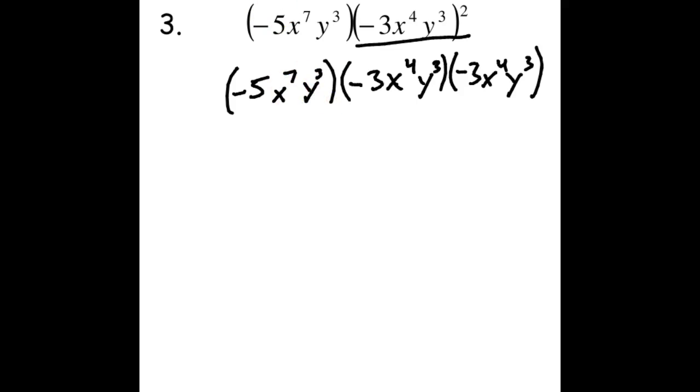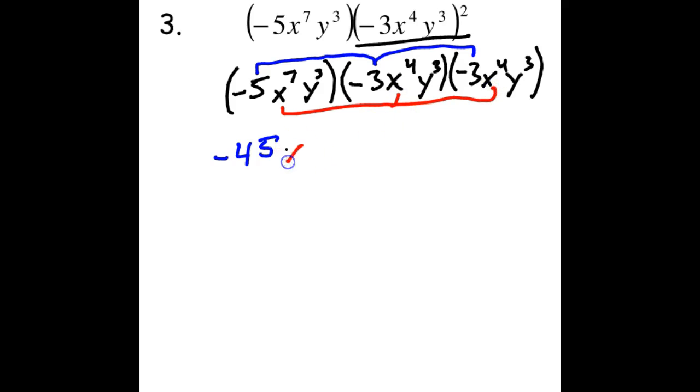So we're going to have now -5 times a -3 times a -3. So that is -45. We're going to have x to the 7th, x to the 4th, and x to the 4th. So 7 plus 4 plus 4 is 15.